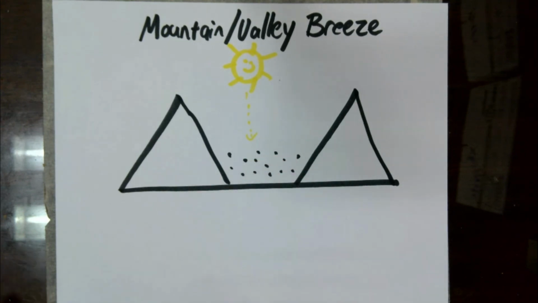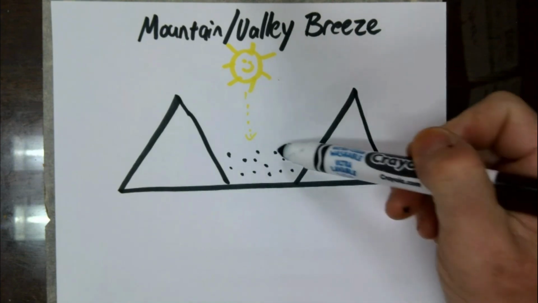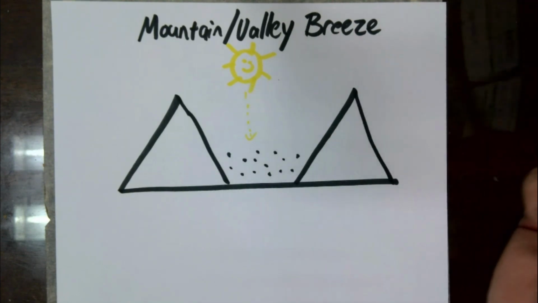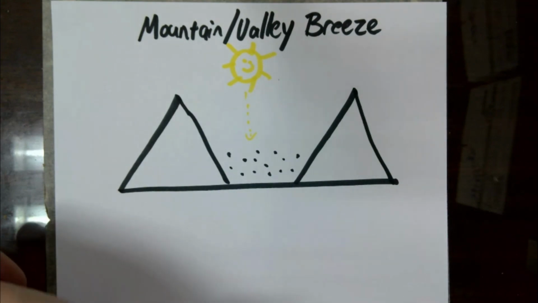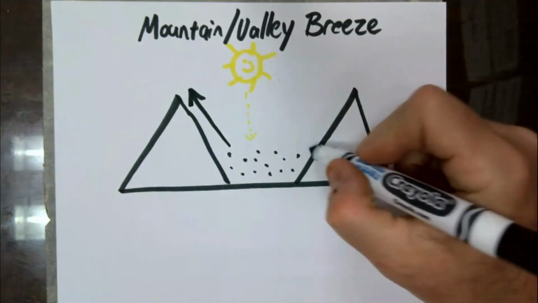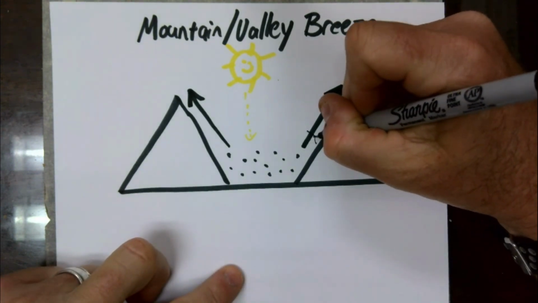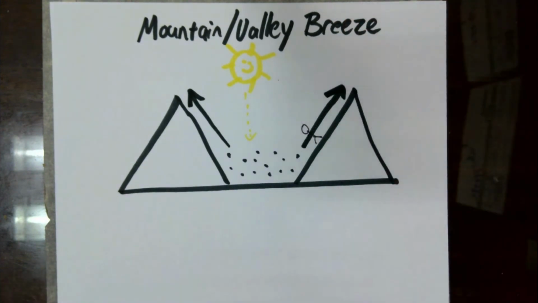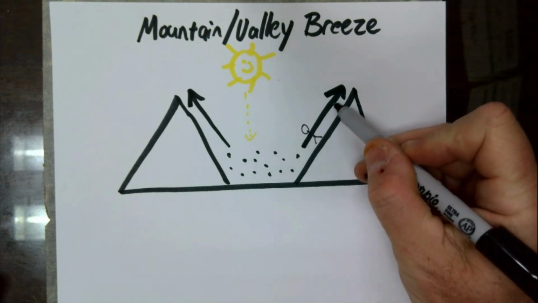They can only go up, because the mountains are in the way. We can't expand this way and that way. We can only expand up. And that's exactly what happens. This air gets enough energy that it then expands up the mountains. So if you were standing right there, you would feel the air moving past you.